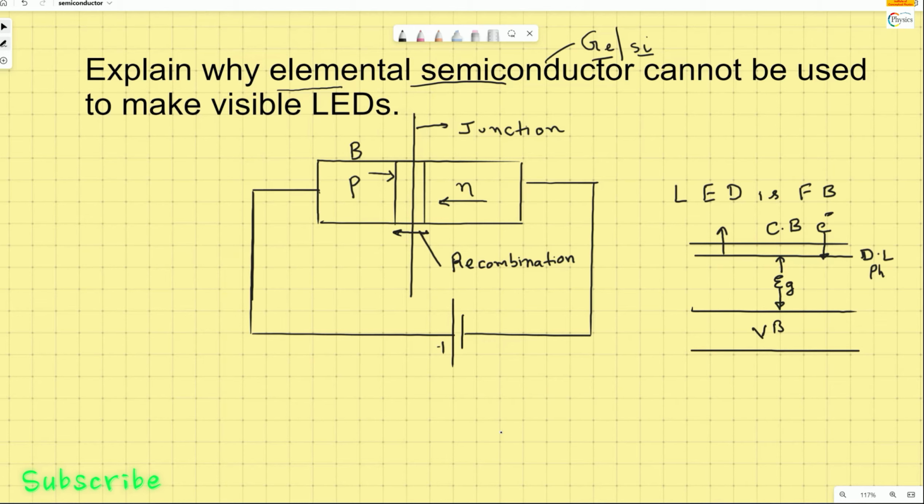And the P level, which is the hole, you remember, P side has a lot of holes and the N side has a lot of electrons. The P side also undergoes a similar process, but at the acceptor level. The electron at the acceptor level falls back to the valence band. The acceptor level is very close to the valence band.